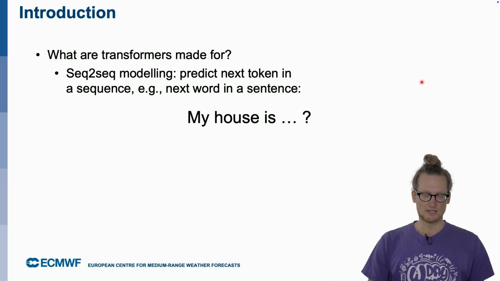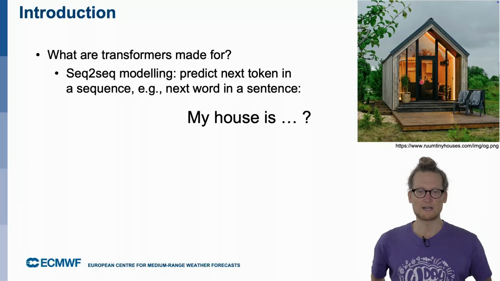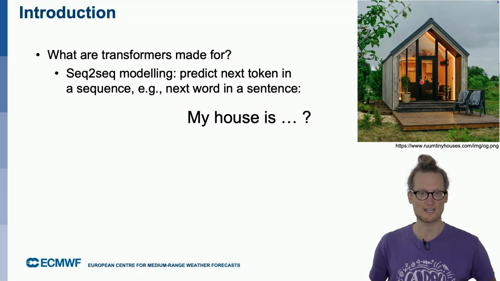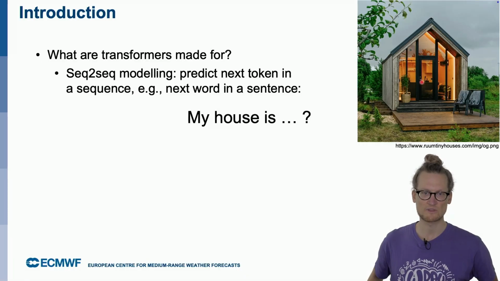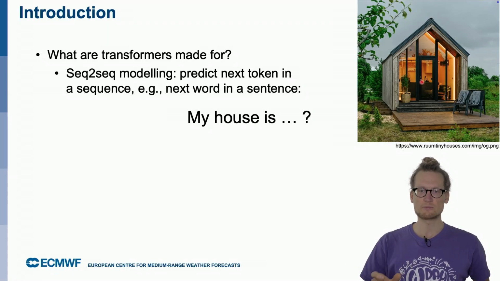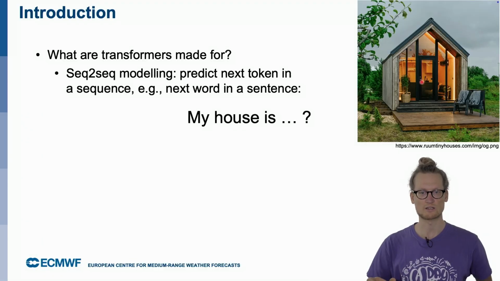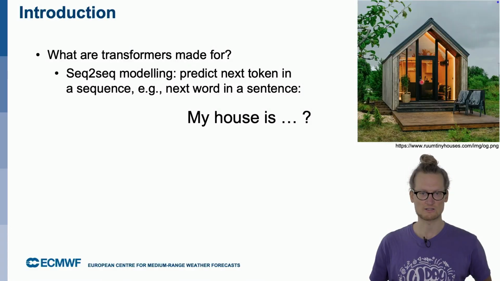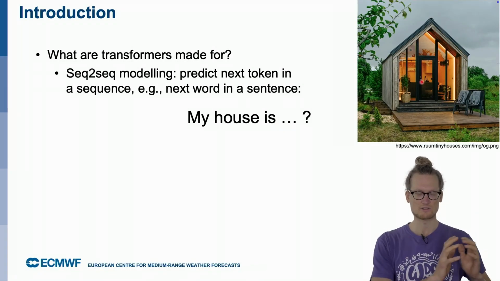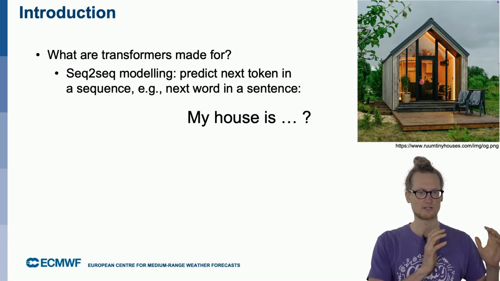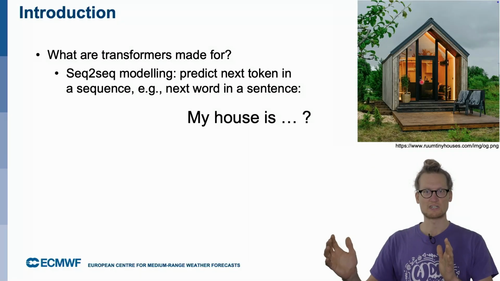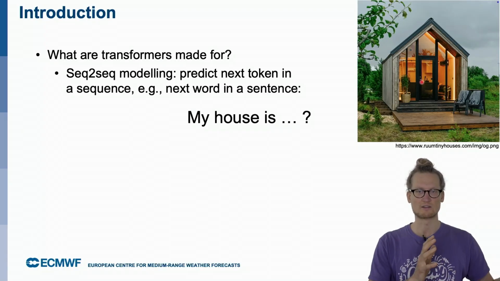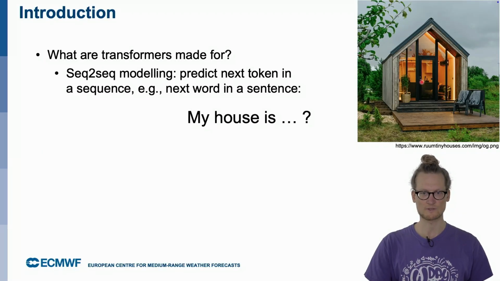And if you have this kind of house in mind, you may come up with "my house is tiny", for example, as a next word in the sentence. Transformers originally were designed to do this kind of task. And that's also what large language models nowadays are doing. They receive a certain context of words, and then they try to predict the next word that is coming given the context that they are having.